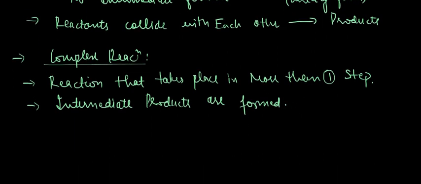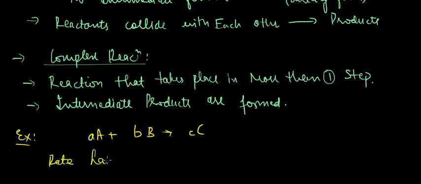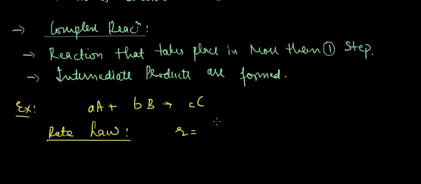Now for an example, if a moles of A react with b moles of B to form c moles of C, then the rate law would be that the rate of reaction equals rate constant times concentration of A raised to the power x and concentration of B raised to the power y.